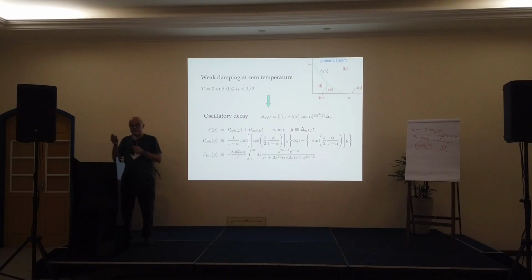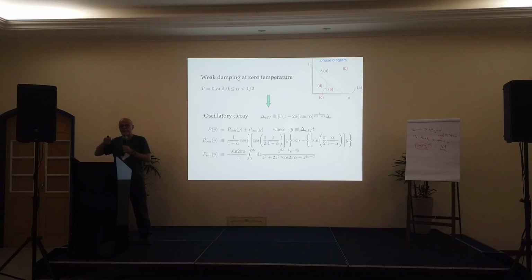So I can have some sort of oscillations. Someone asked me yesterday what happens if I turn on the coupling with the environment. I said, well, that's exactly what we're going to study, and that's the result. Really, we have some regions in the spin boson model where we still have damping, destruction of coherence, but with oscillations.